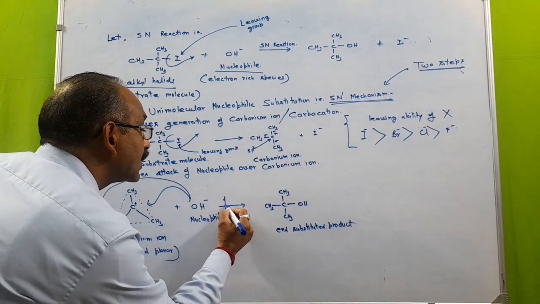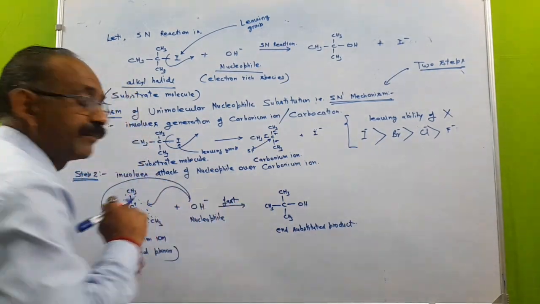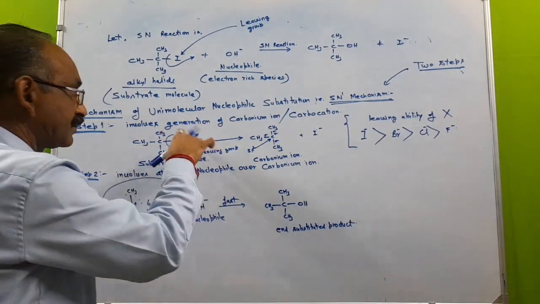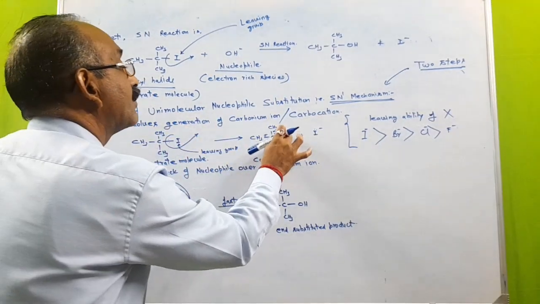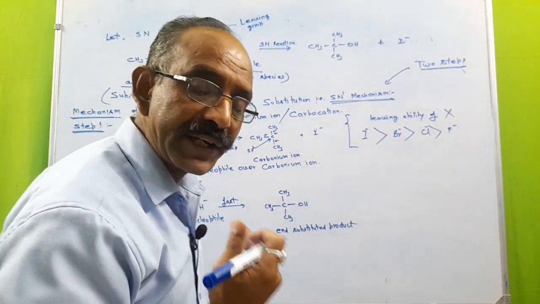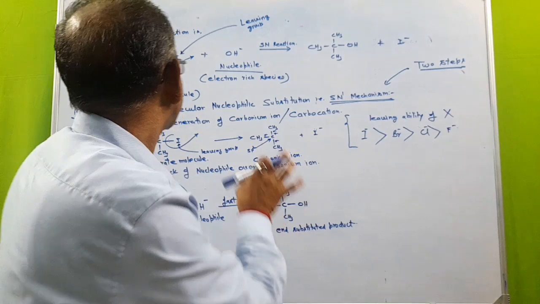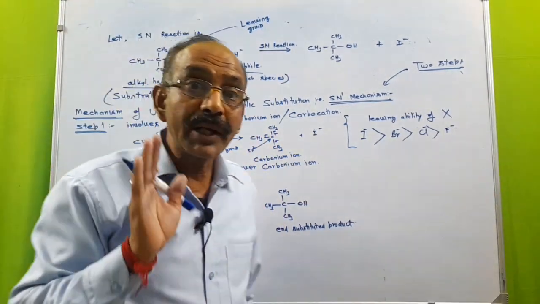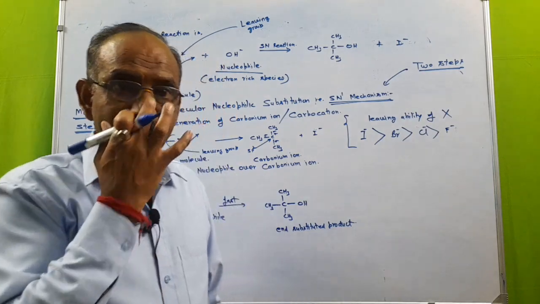So this one is the fast step. While here the formation of the carbonyl ion, step 1, in which the carbonyl ion generation is there, is a molecular reaction, and remember the molecular reactions are slower reactions.